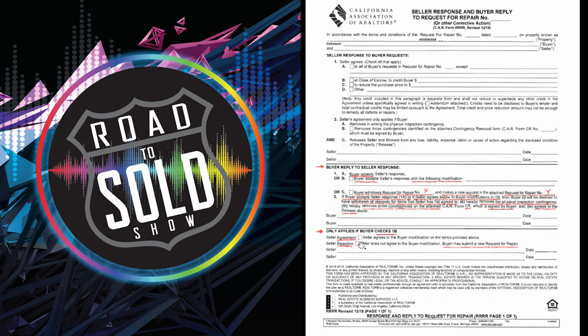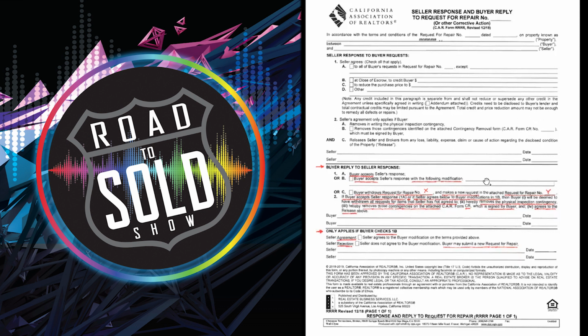Now, only if box 1B is checked here, the buyer accepts the seller's response with one modification, the seller can say, okay, I'll do that one more thing. So they check this box, seller agreement, seller agrees to buyer's modification above. Or seller says, nope, I'm not going to go with your modification.